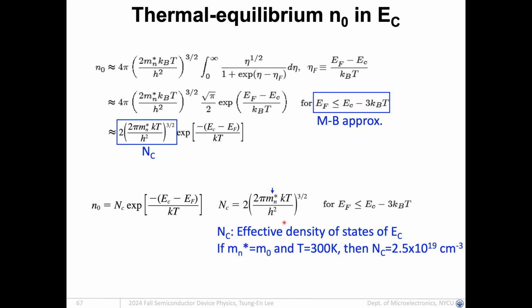So it is not the same, but if we assume the density of states effective mass equals the rest mass and use room temperature, then the value is around 2.5 times 10 to the 19 centimeters to the minus 3.